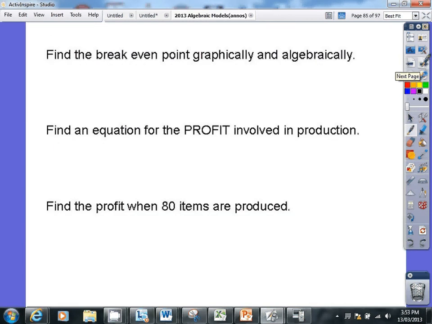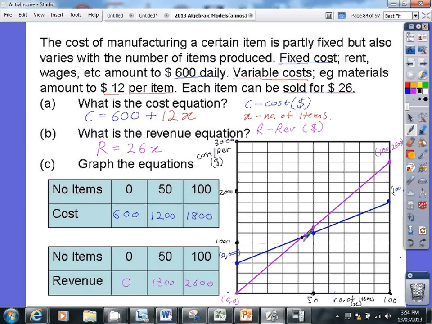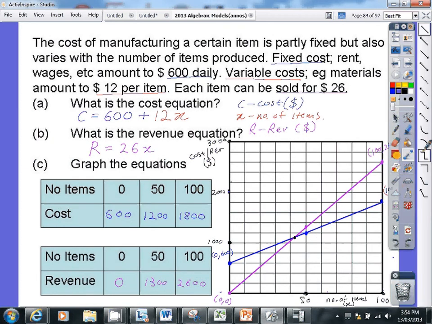Find the break-even point graphically and algebraically. Well, of course, that little black dot is the break-even point. There he is, right there. Am I moving the cursor enough for you to see that? That's the break-even point. So we're asked to find that algebraically as well as graphically.